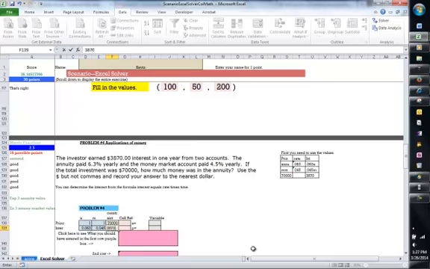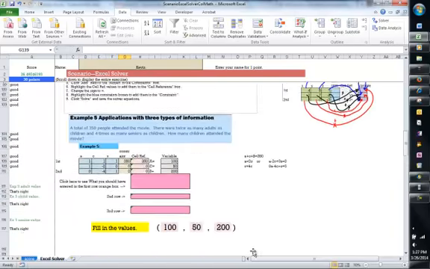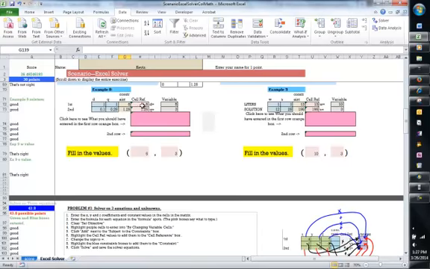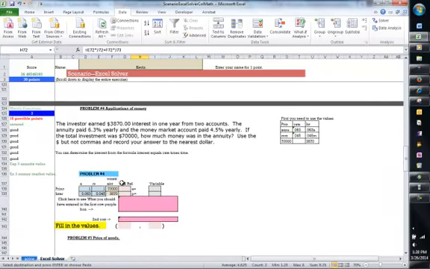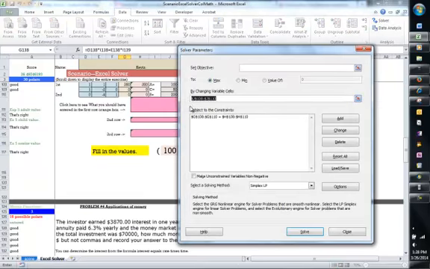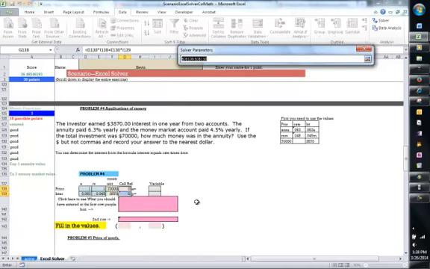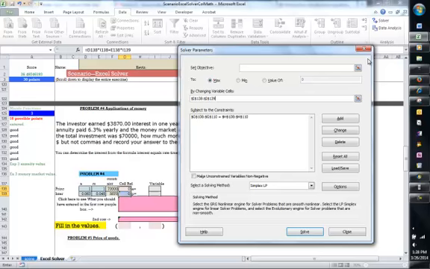$38.70. Now, for our cell references, I'm going to go back up here and copy our cell references that we used in one of the previous ones, since it's a 2x2 matrix again, and I can fill those in. And now when I press solver, I'm going to change my variable to the two variables that I've got, annuity and money market.